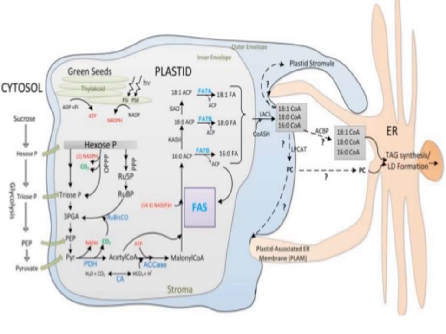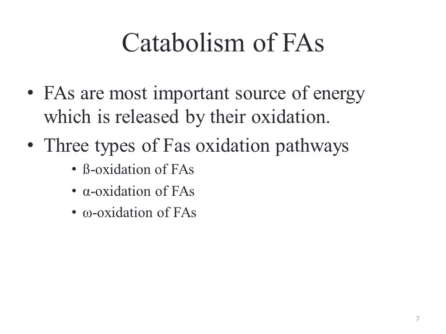So it is synthesized in the plastids and exported to the other parts of the cell where it is required. We are more interested in the catabolism of fatty acids because in this process energy is released, and in this way they are converted into simple compounds and enter the respiratory pathway.